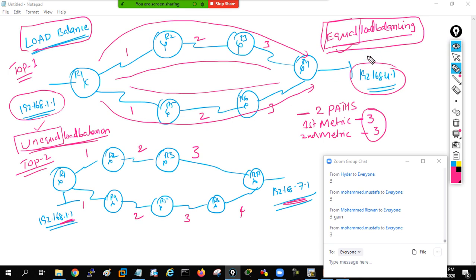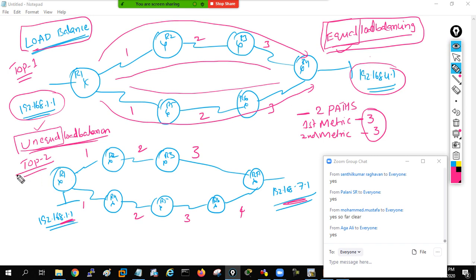That is called equal load balancing. Everybody understand? Now I think you guys are understanding. Say yes for me if you understand. Yes, Mr. Palani and Senthil, everybody, you understand? So that is called equal load balancing.